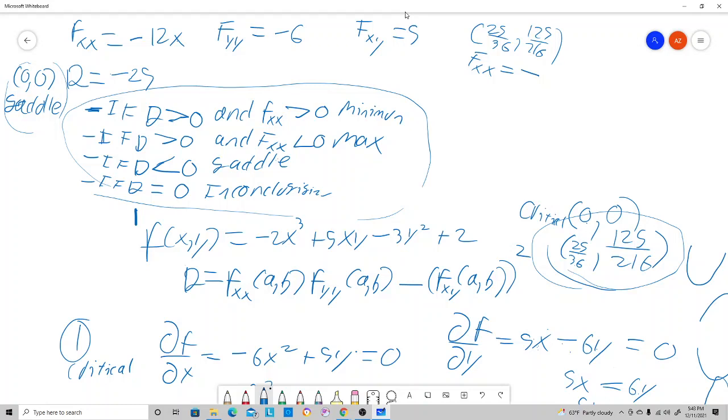So it's definitely not a minimum. It might be a max, or it might be a saddle, depending on what the determinant says.